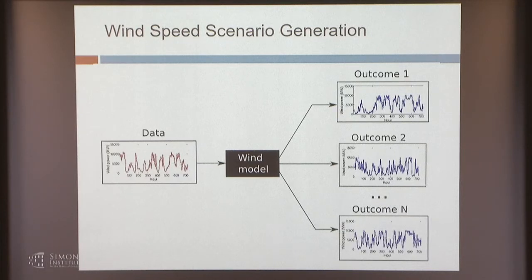Then we replicate that white noise realization by simulating and then reconstructing the scenarios, so that we have the same statistical properties but multiple realizations of the wind. So this is the way you generate wind scenarios.